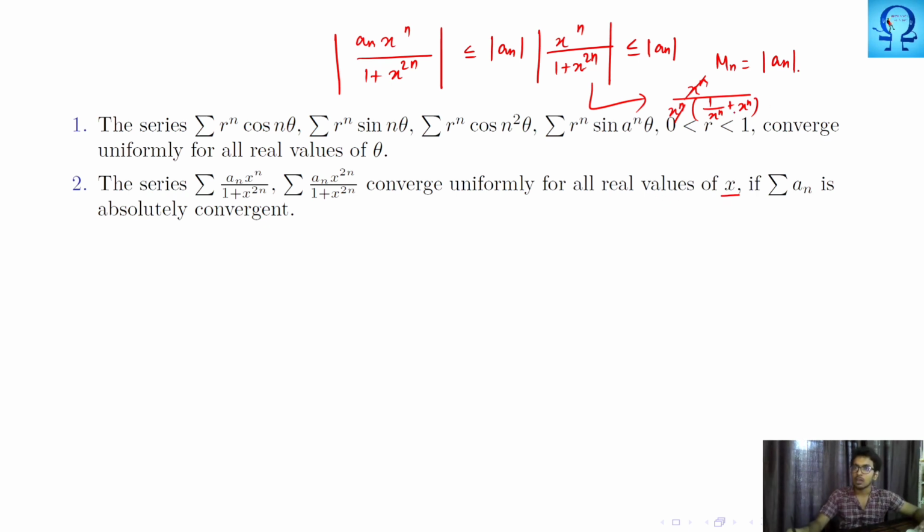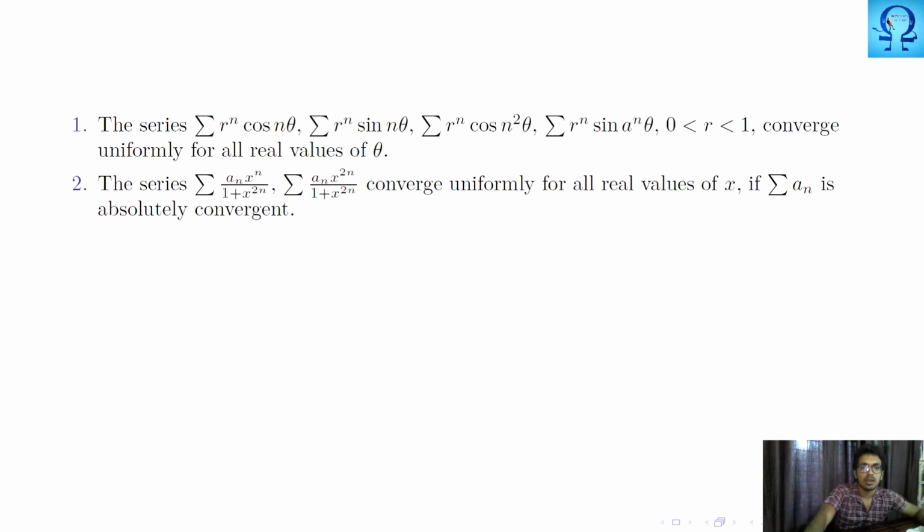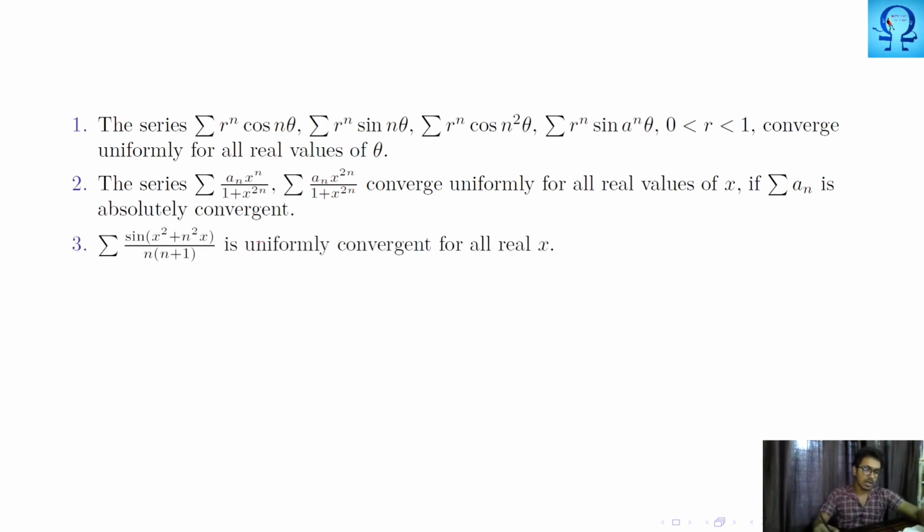Either this will make us close to infinity or that will make us go to infinity, so as a whole this will go to 0. When it is going to 0, we can say that it is bounded by 1. With that guarantee, again by choosing Mn to be the absolute value of An, we can justify the uniform convergence.